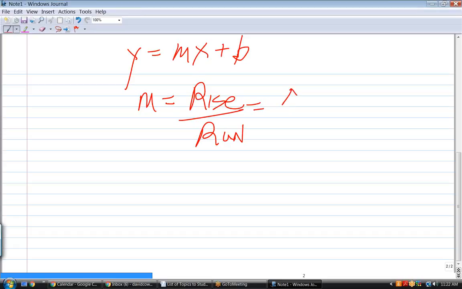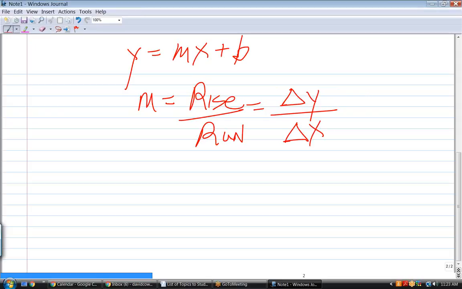In fact, let's make up a new term here, which you'll probably run into in math at some point in the future. Change in y. What that delta means, what that triangle means, is the change in y. So it's the change in the y's divided by the change in the x's, right?